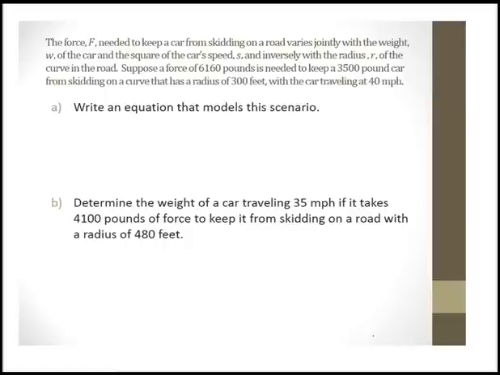Alright, let's see an application. The force F needed to keep a car from skidding on a road varies jointly with the weight W of the car and the square of the car's speed S, and inversely with the radius R of the curve in the road. Wow, okay, let's look at this again.